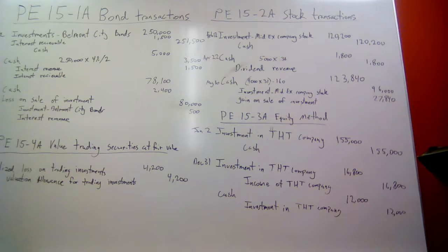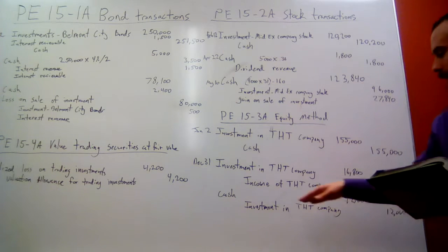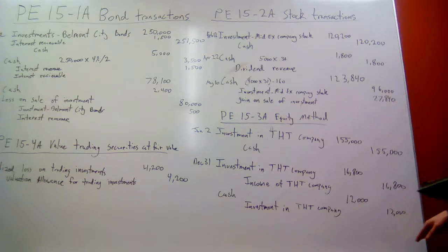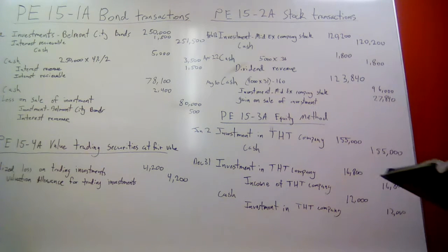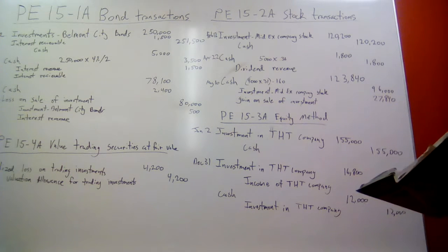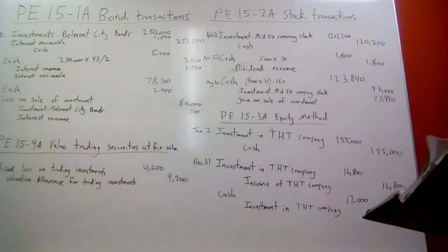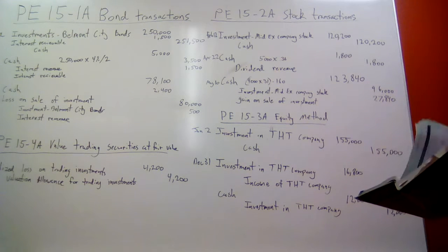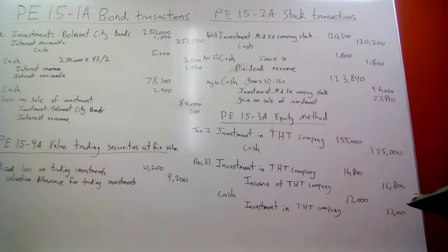It didn't say anything about shares, so I think we're fine on that. So we debit cash for 12,000, and then we credit investment in THT Company for 12,000, because we actually lost the asset. By giving out cash to us in the form of a dividend, the asset weakened.